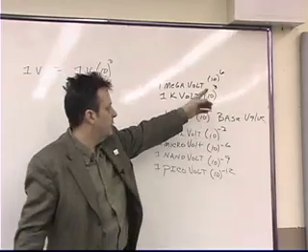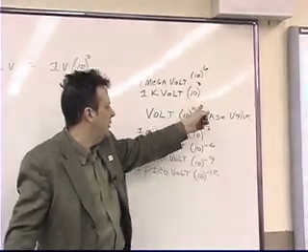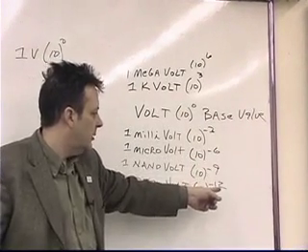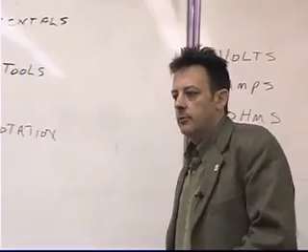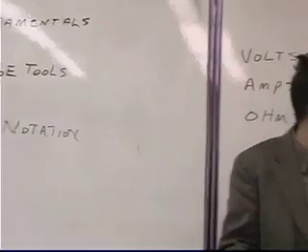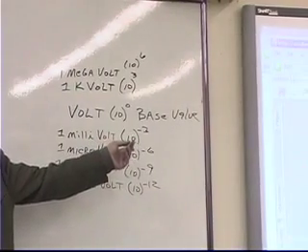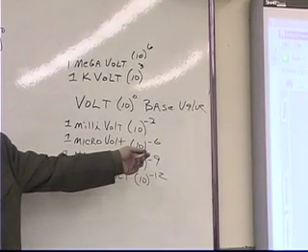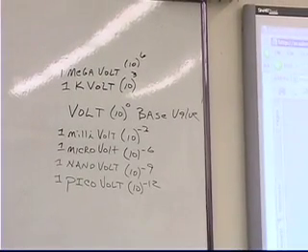You notice how the exponents are all multiples of 3: 6, 3, 0, minus 3, minus 6, minus 9, minus 12. That's engineering notation. You notice how there's no minus 2? No minus 4? No minus 10? If there were, then you would be expressing it in scientific notation.